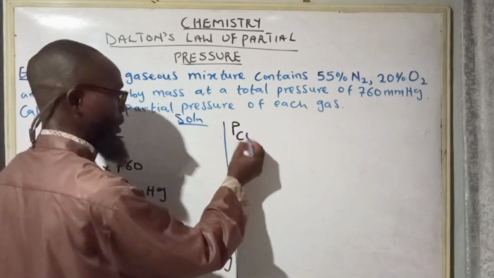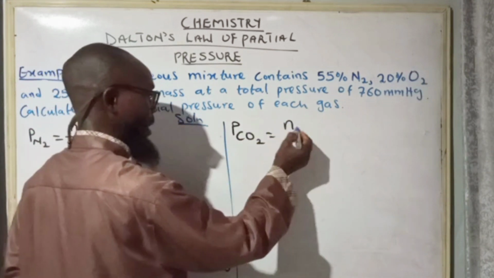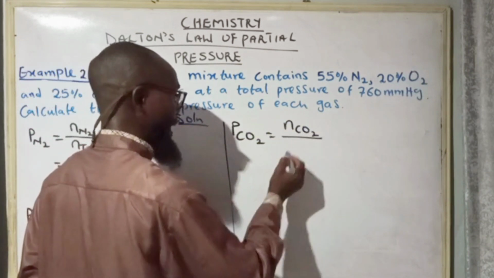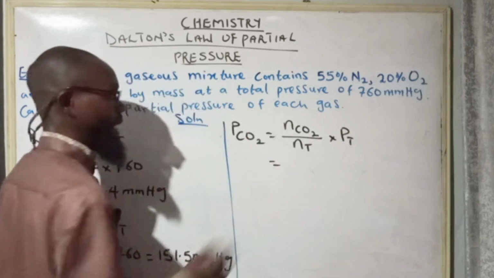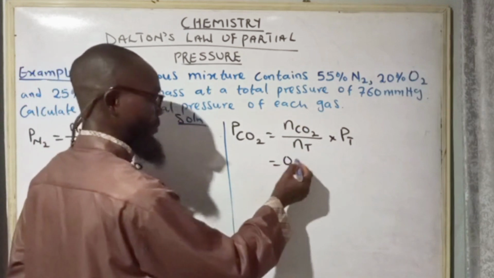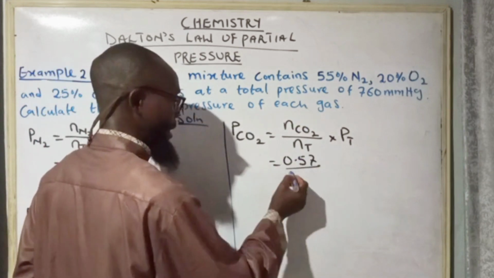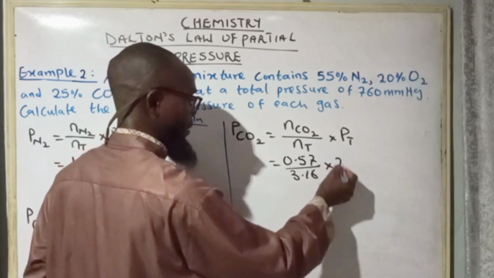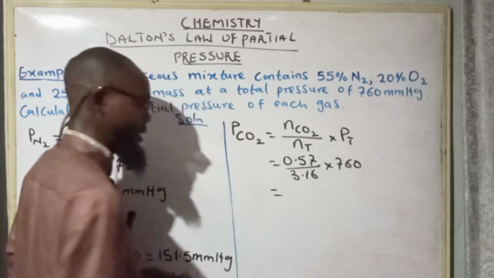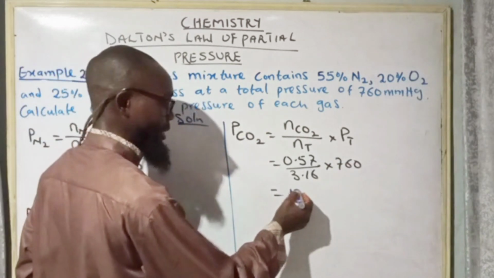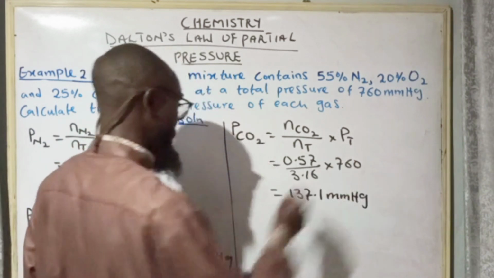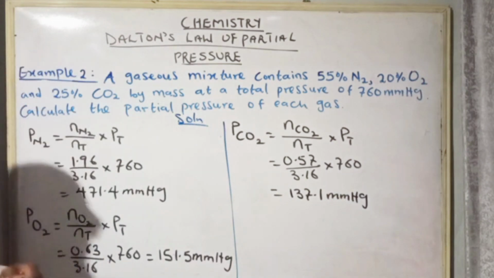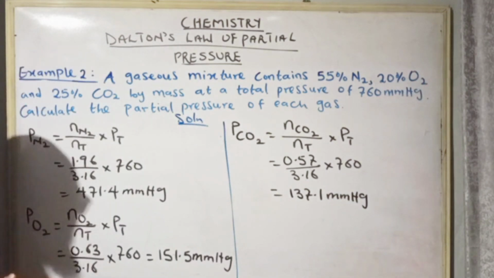The partial pressure of carbon dioxide also equals the number of moles of carbon dioxide divided by the total number multiplied by P total. The number of moles of carbon dioxide that we got is 0.57 divided by 3.16 multiplied by 760. What do we have here as well? We have 137.1 millimeter of mercury. So these are the ways of calculating the partial pressure of individual gases.